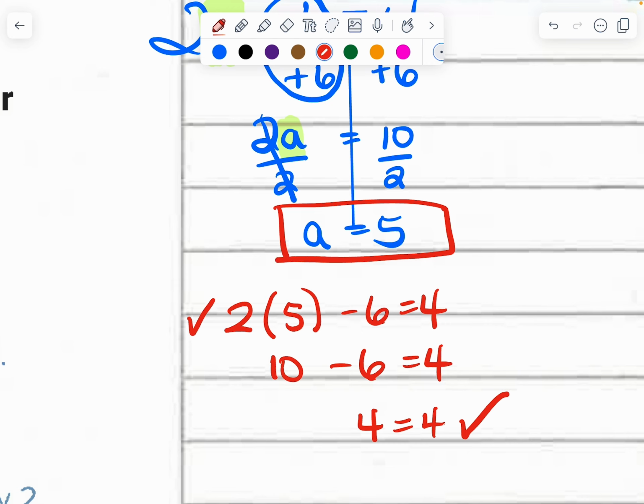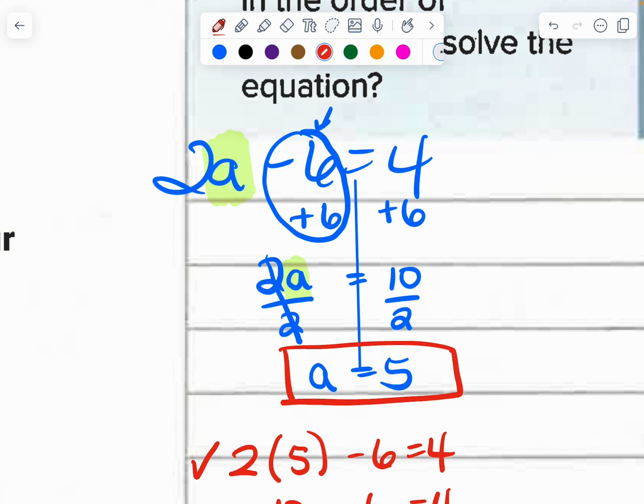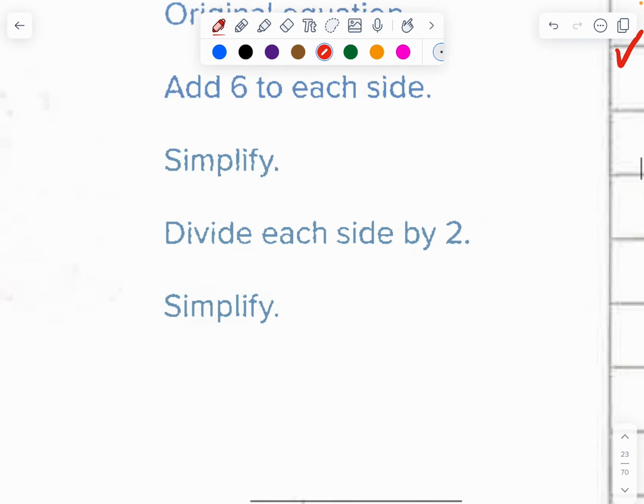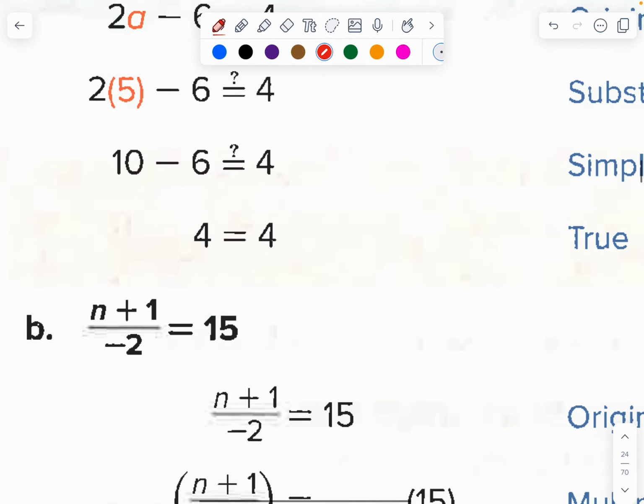So this right here is my answer. So the answer to 2a minus 6 equals 4 is going to be a equals 5. Okay, so now we're going to go right here. Oh, no, they just checked the answer.